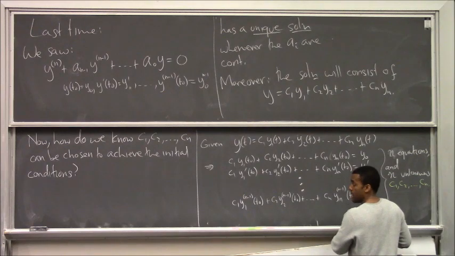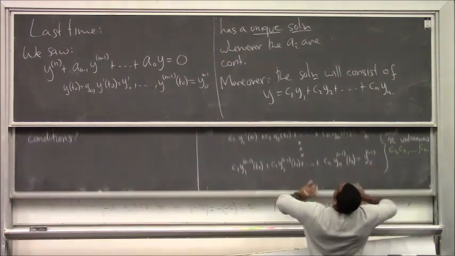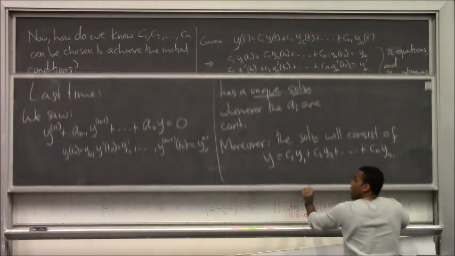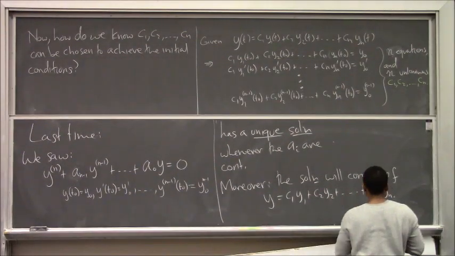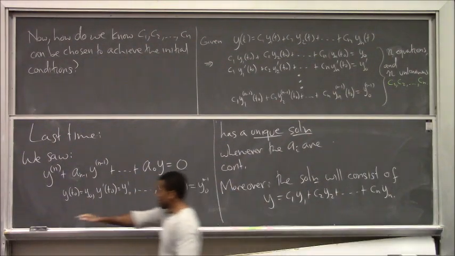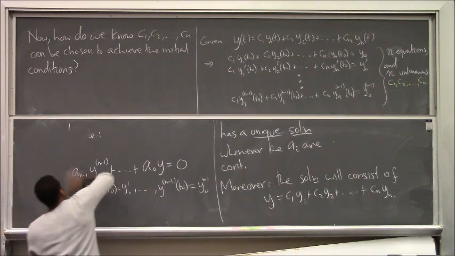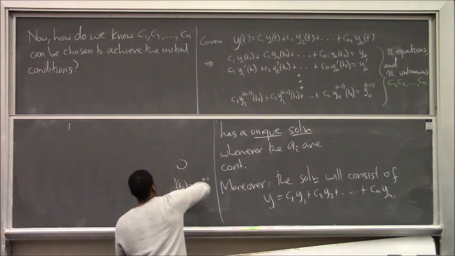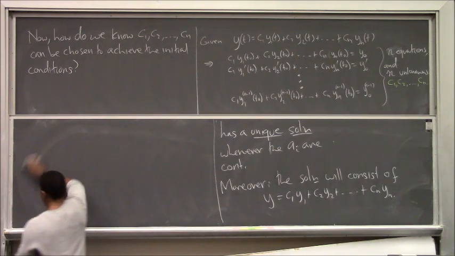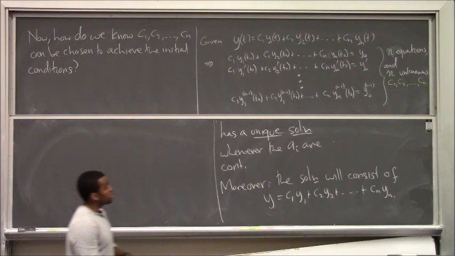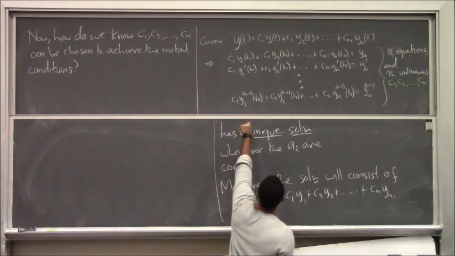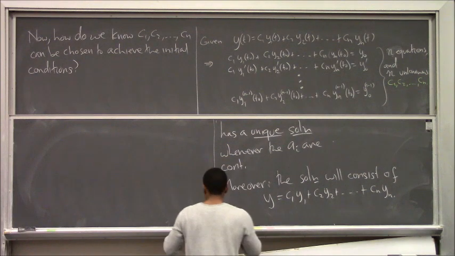But I have an n by n linear system, which means we can think in terms of Cramer's rule. The coefficient matrix is going to be the matrix of all the y's.